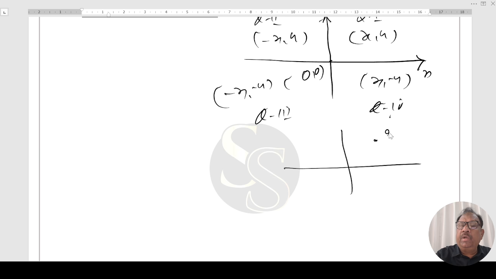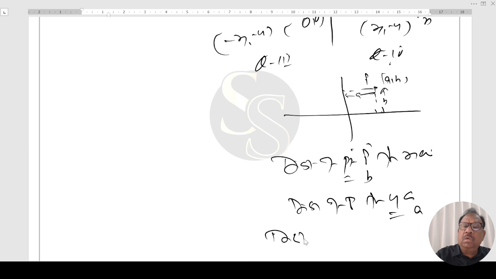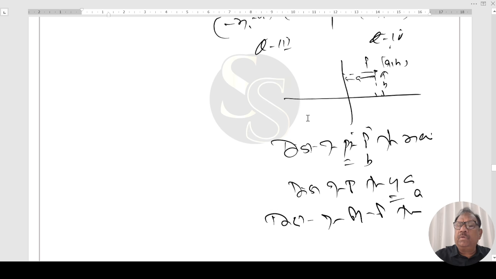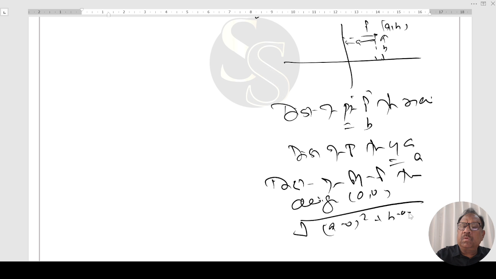Now, if the point is P(A, B), the distance of point P from the x-axis is B. The distance of point P from the y-axis is A. And the distance of point P from the origin (0, 0) comes out to be under root of (A minus 0) whole square plus (B minus 0) whole square, that is under root A square plus B square.